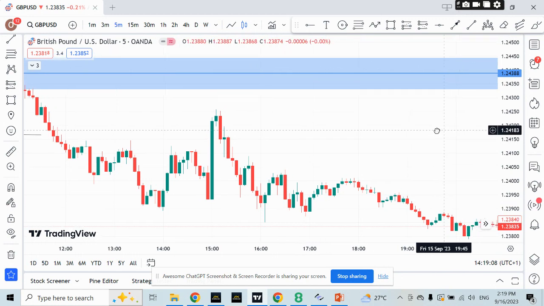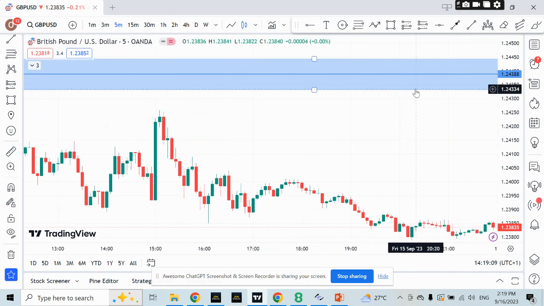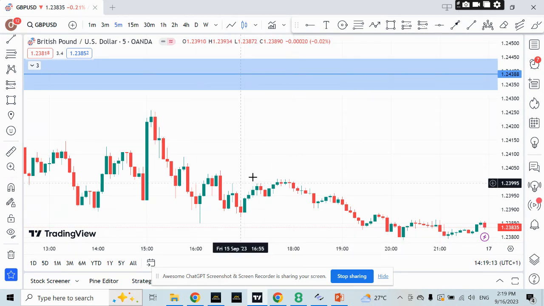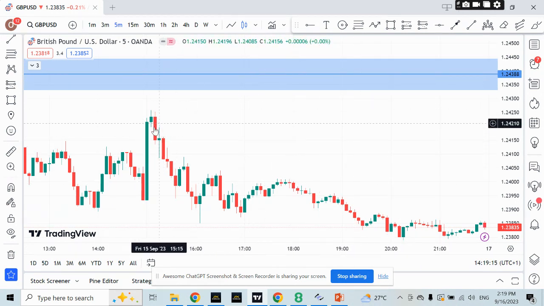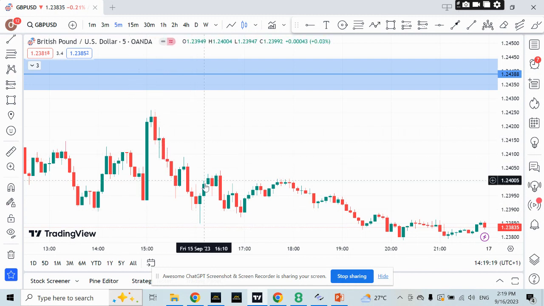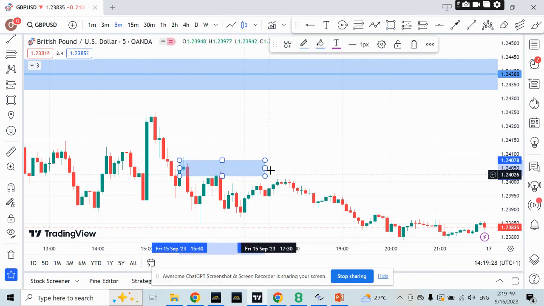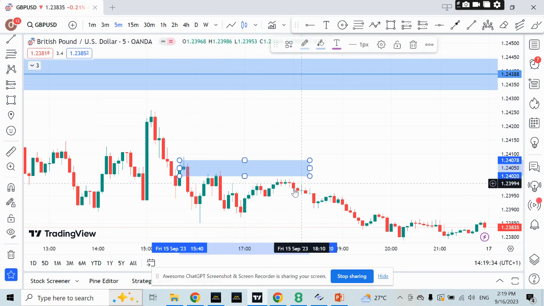So now creating this other block here, supply zone. We also had another supply zone here being created. You can see price try to respect it, push down, tap into it the second time and continue moving down.